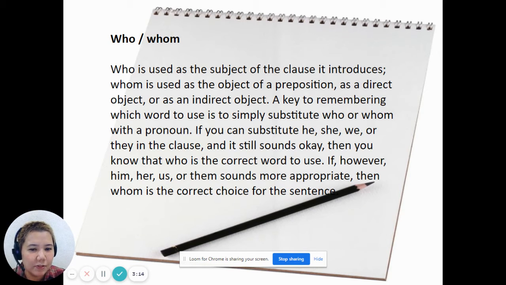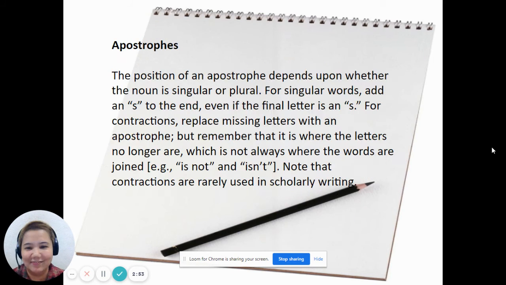If you can substitute he, she, we, or they in the clause and it will still sound okay, then you know that who is the correct word to use. If, however, him, her, us, or them sounds more appropriate, then whom is the correct choice for the sentence.